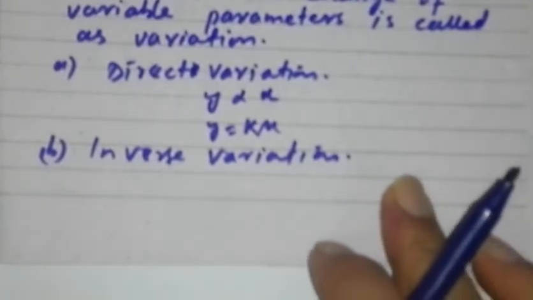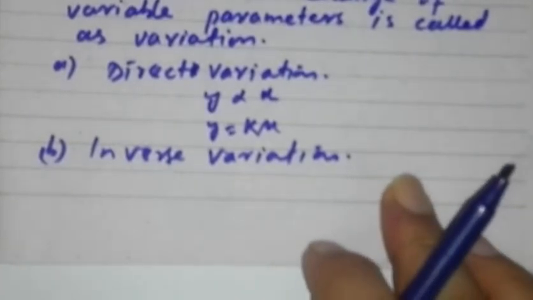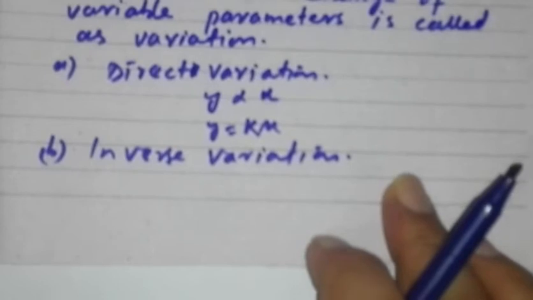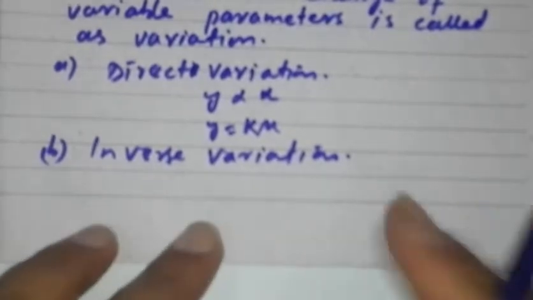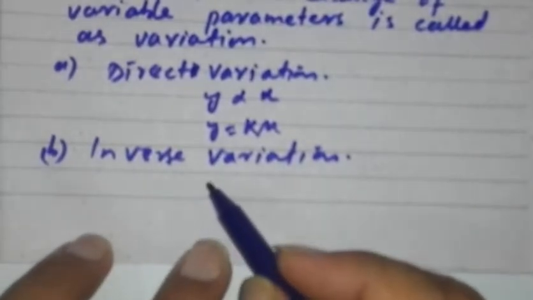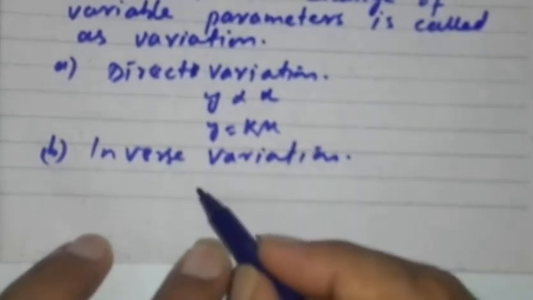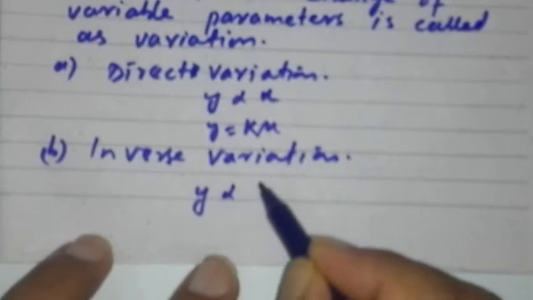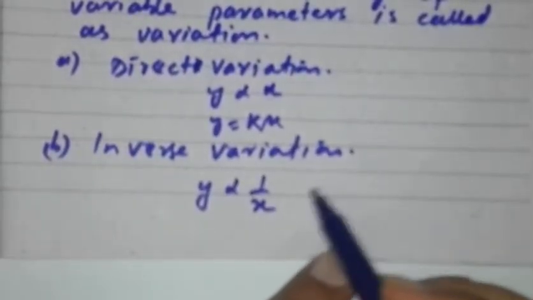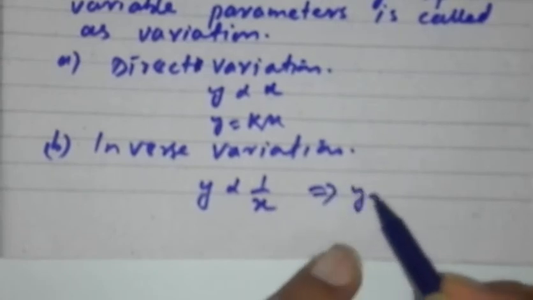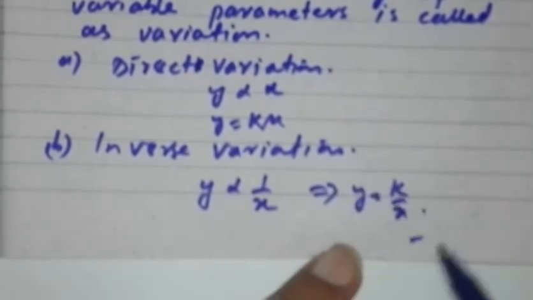Inverse variation: in this type of variation, if one quantity increases, the other decreases. If y varies inversely as x, it can be written as y proportional to 1 over x, or y equals k by x.